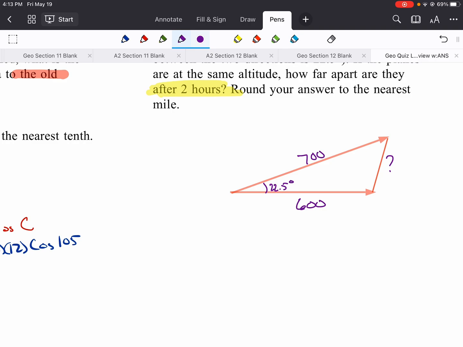And again, if you said law of cosines, you'd be absolutely right, SAS. So it's going to be just like we did before, C squared equals, and then we've got 700 squared plus 600 squared minus 2 times A, so that's 2 times 700 times 600 cosine 22.5. There we go. Okay.